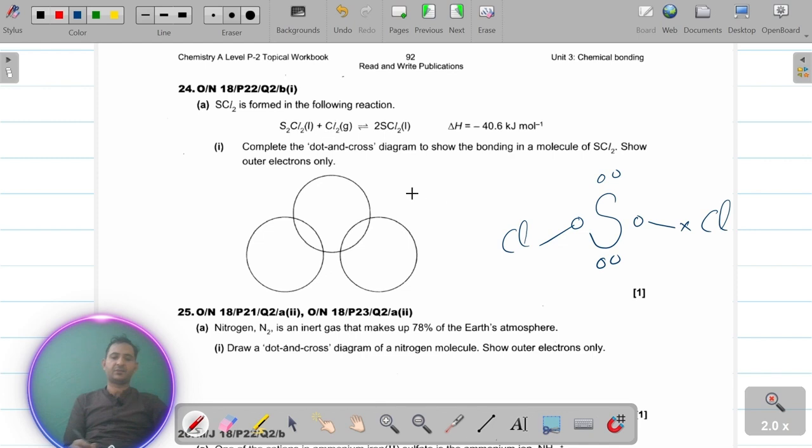Now we have two lone pairs on sulfur, 1, 2 and 1, 2, one electron of sulfur and one electron of chlorine. And the remaining chlorine valence electrons here, and here the remaining chlorine valence electrons. Okay, this is the chlorine, and here we have this chlorine.